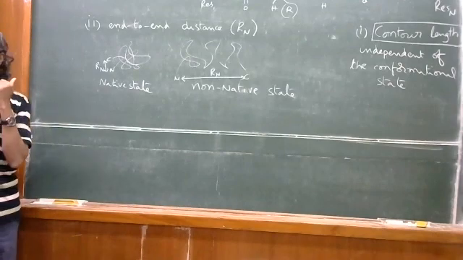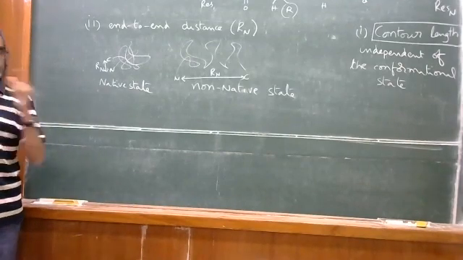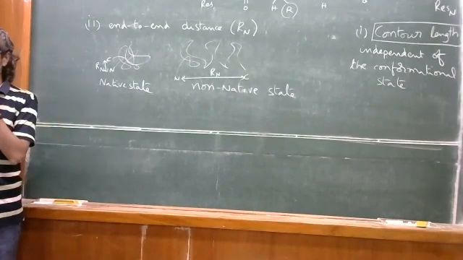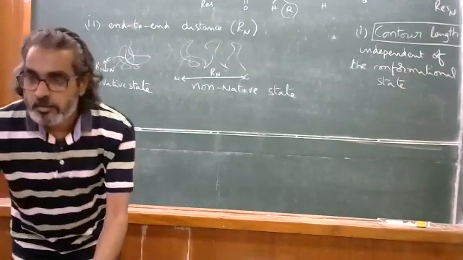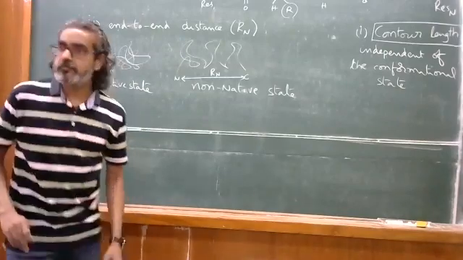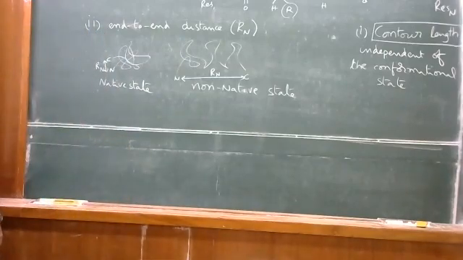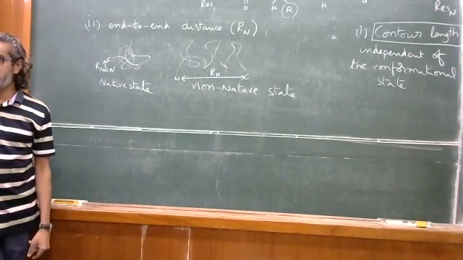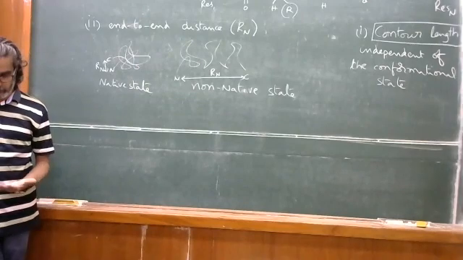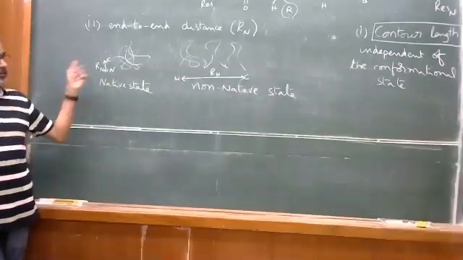So how do we know which is the folded state? How do we calculate this distance in the folded state? Any ideas? FRET labeling is one. Any other way one can get this distance?